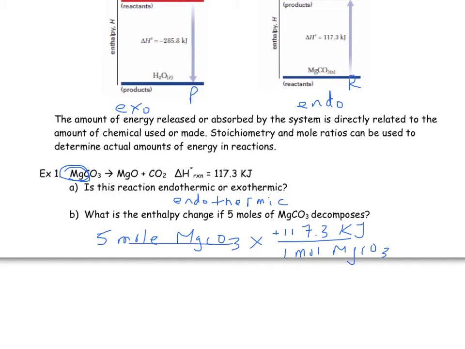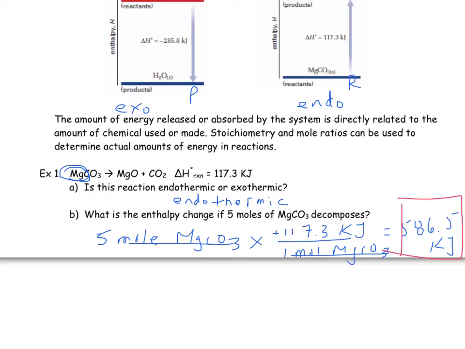My moles of magnesium carbonate cancel out, and I'll end up with my answer in kilojoules. And that will be how much energy gets absorbed when 5 moles of MgCO3 decomposes.